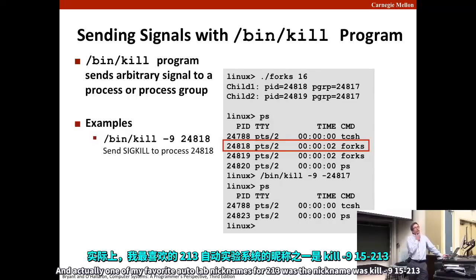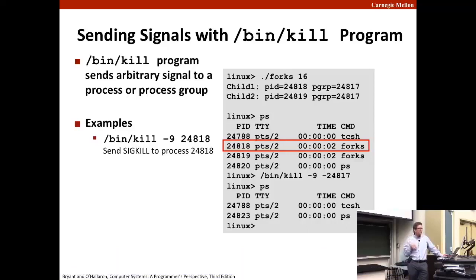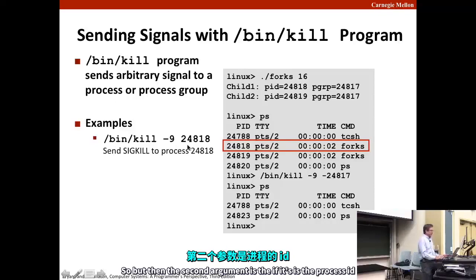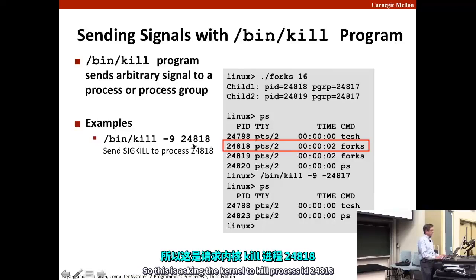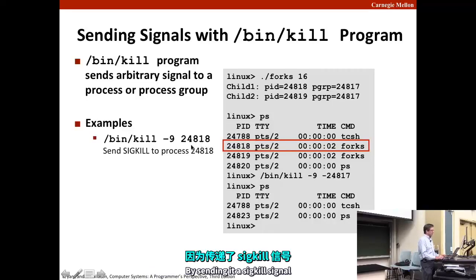Actually, one of my favorite Autolab nicknames for 213 was kill -9 15213. The second argument is the process ID. So this is asking the kernel to kill process ID 24818 by sending it a SIGKILL signal.